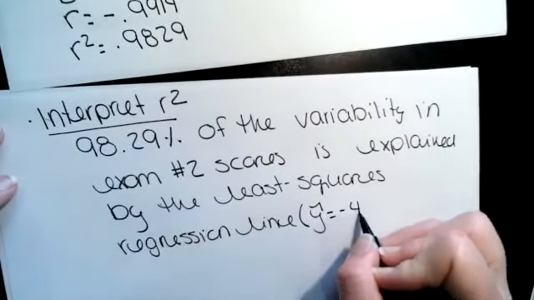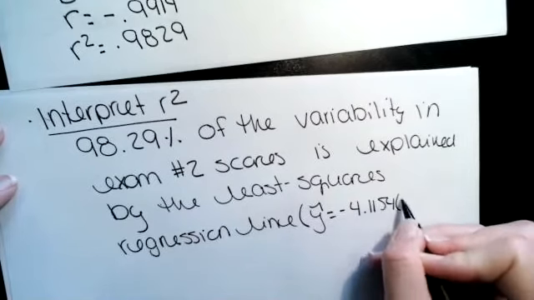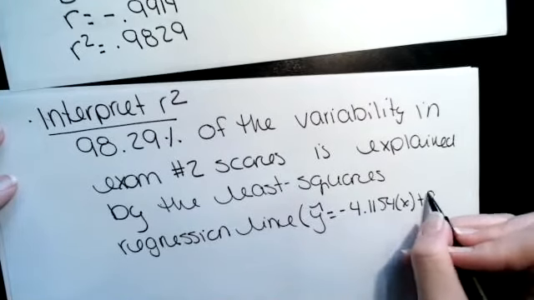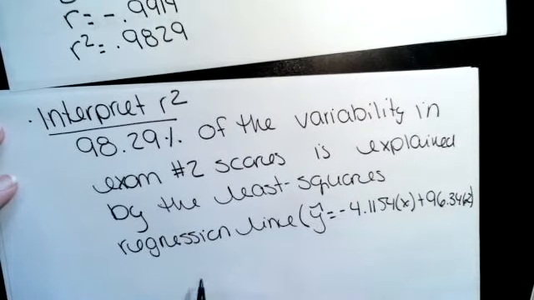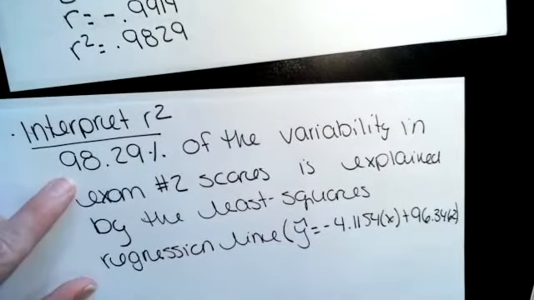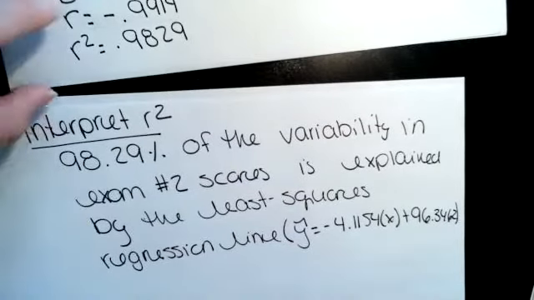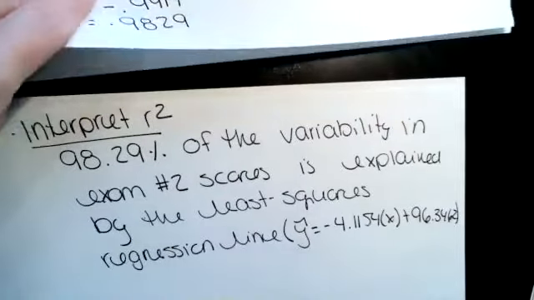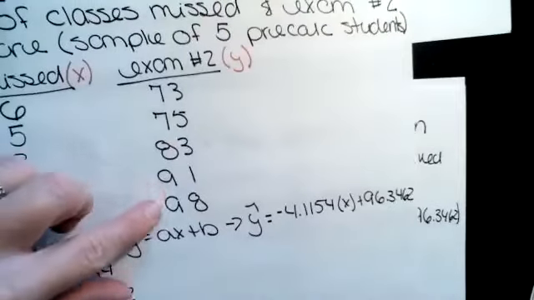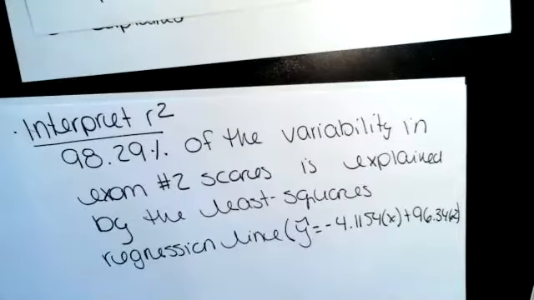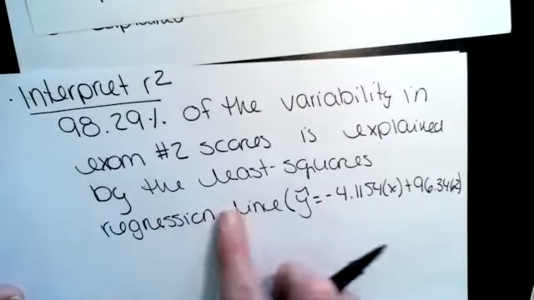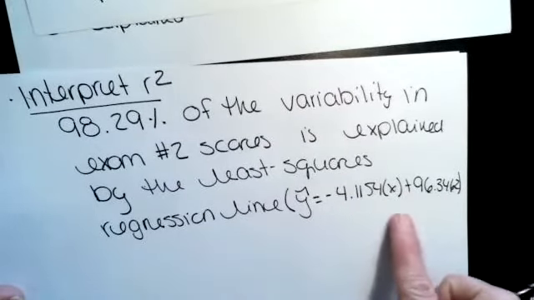But I'm going to do both. So I'm saying that 98% of the variability in these exam scores, right? The variability, the change in these exam scores from 73 up to 98, is explained by this equation.